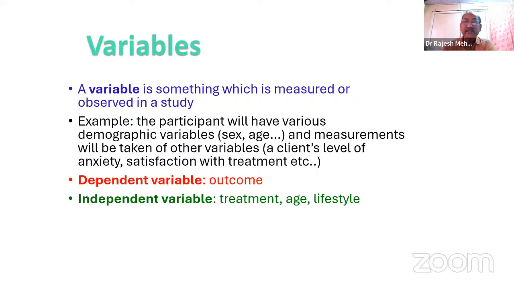In your study, for example, waking up early in the morning is a lifestyle, but that may be your point of intervention, right? And based on that intervention, you want to improve the health of the individual. That is the outcome. So whether a variable is dependent or independent will be based on your study design.